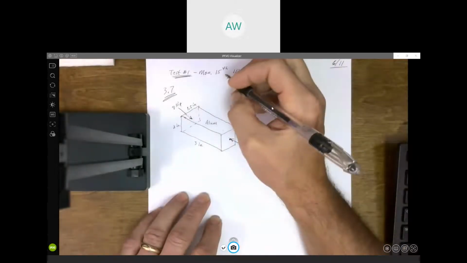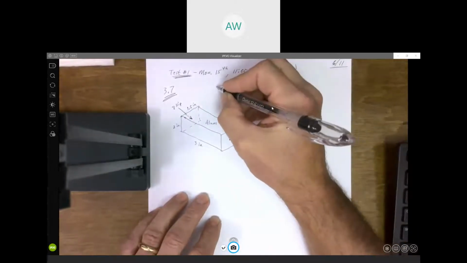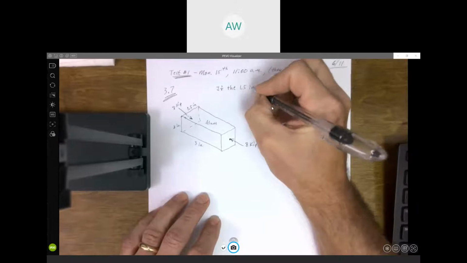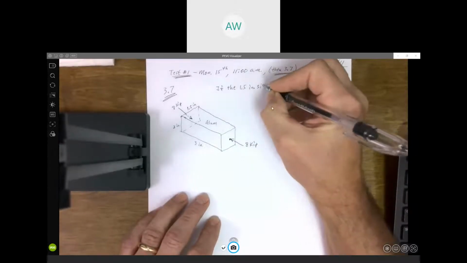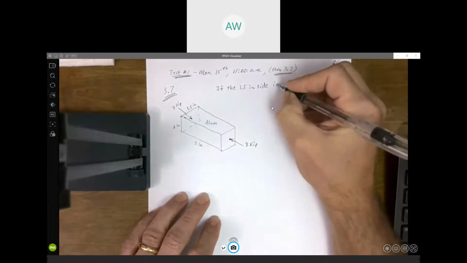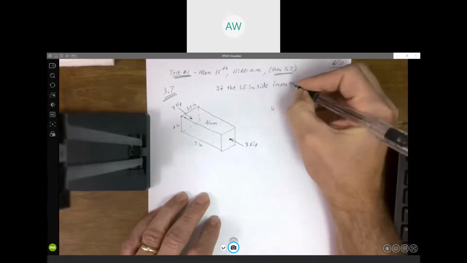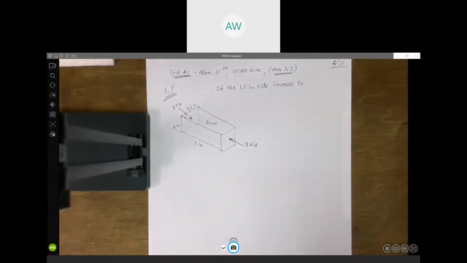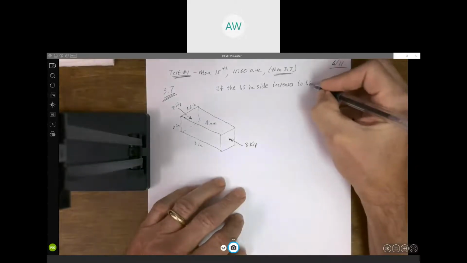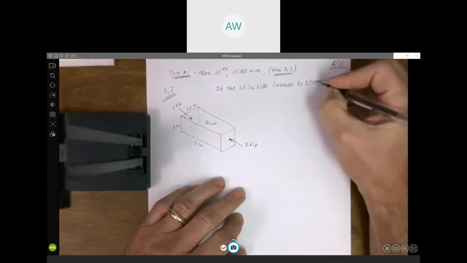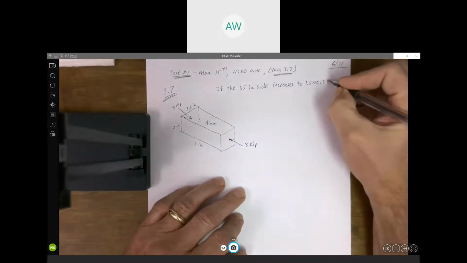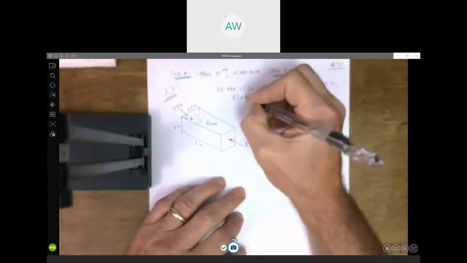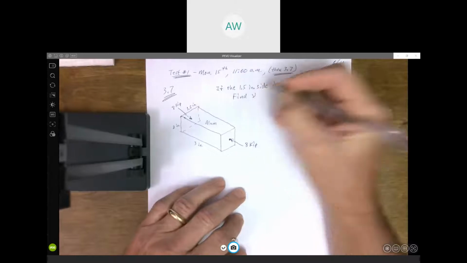We are told that if the 1.5 inch side increases to, let me move this out of the way, 1.500132 inches, we want to find what Poisson's ratio is.